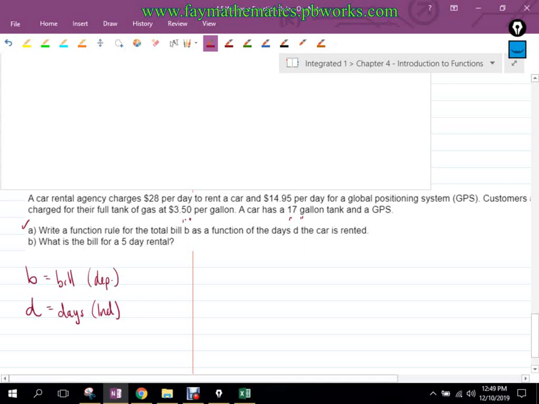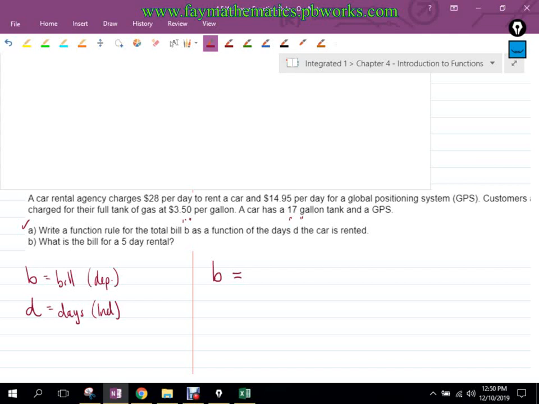The next thing we're going to look at is actually writing the formula, the function. If we know that B is the dependent variable, that means B is going to be by itself on the left-hand side of the equation. Everything else on the right-hand side is going to incorporate constants that we add or subtract, and variable terms that have coefficients.